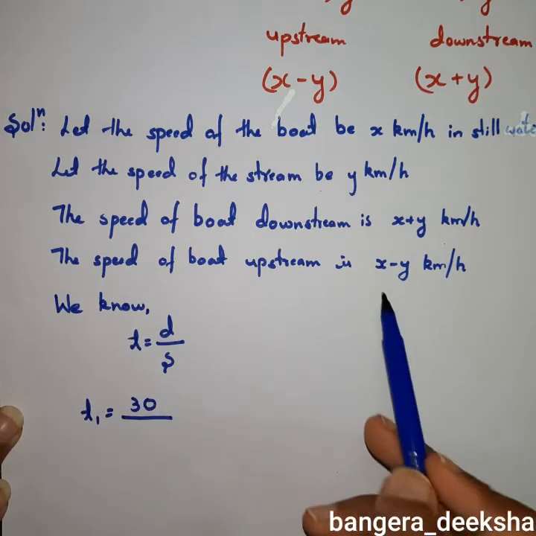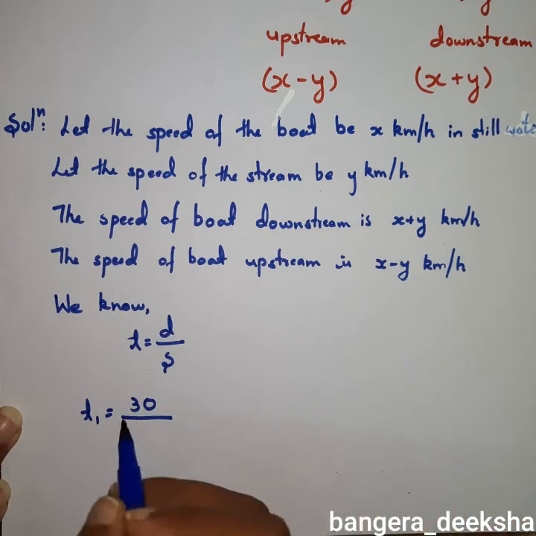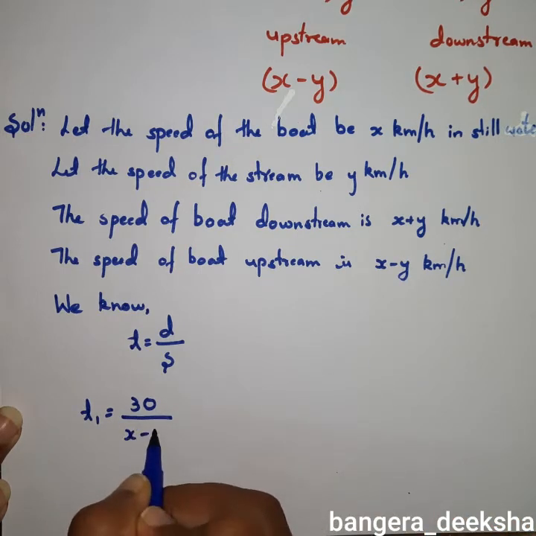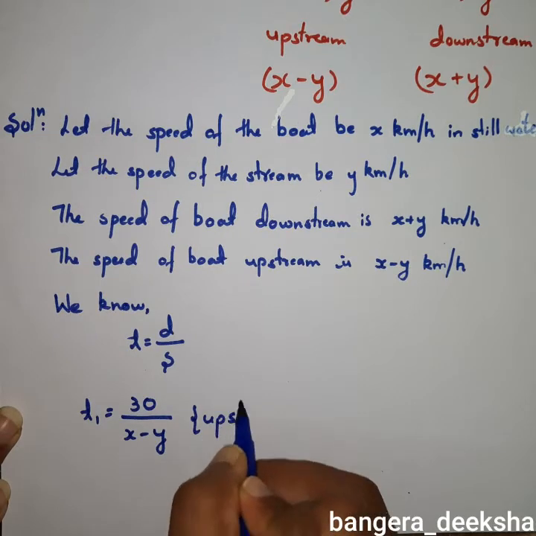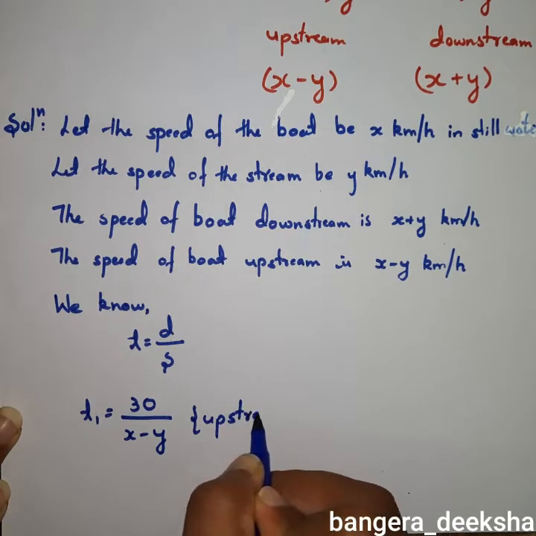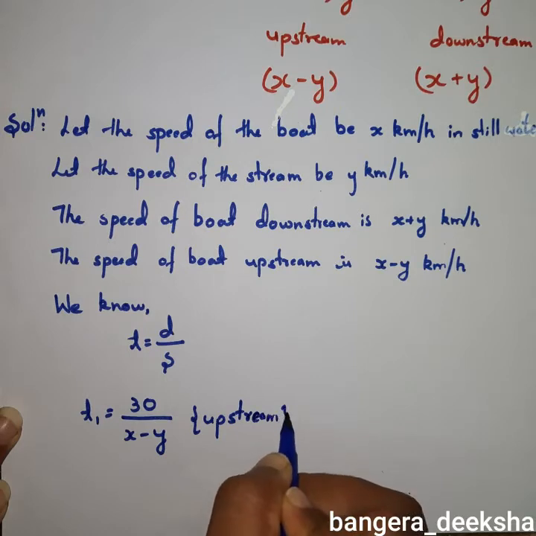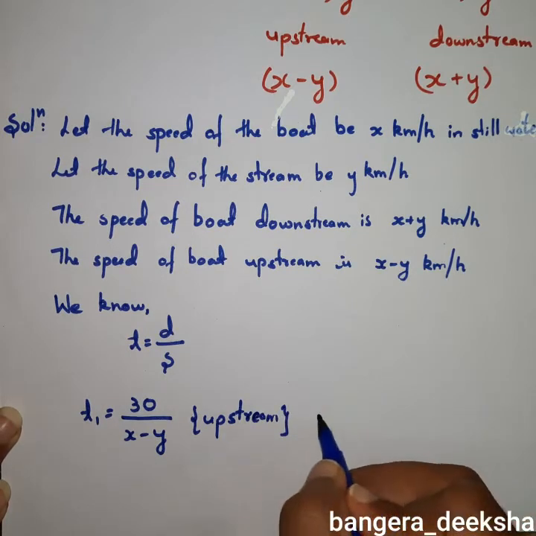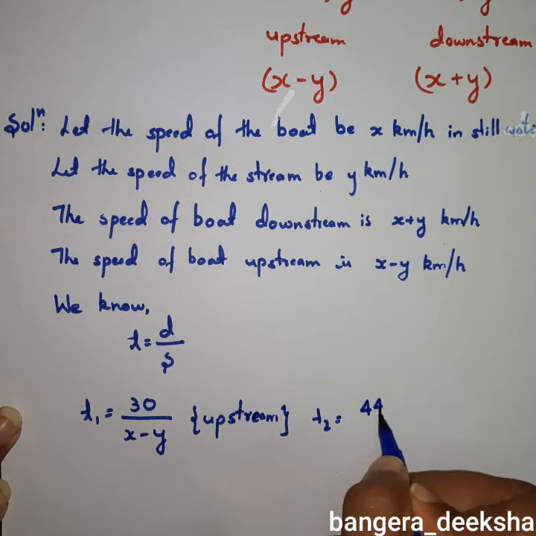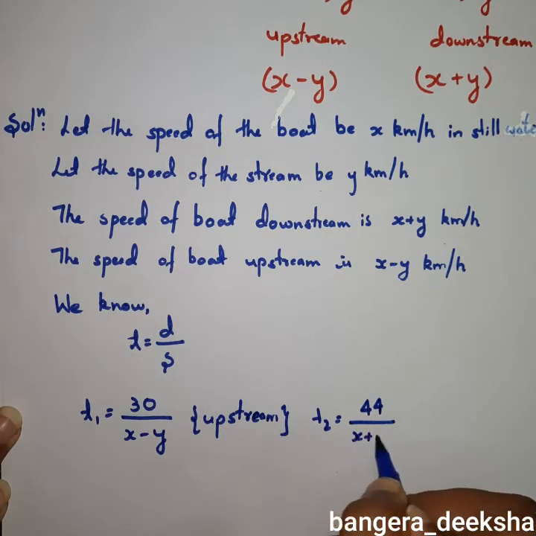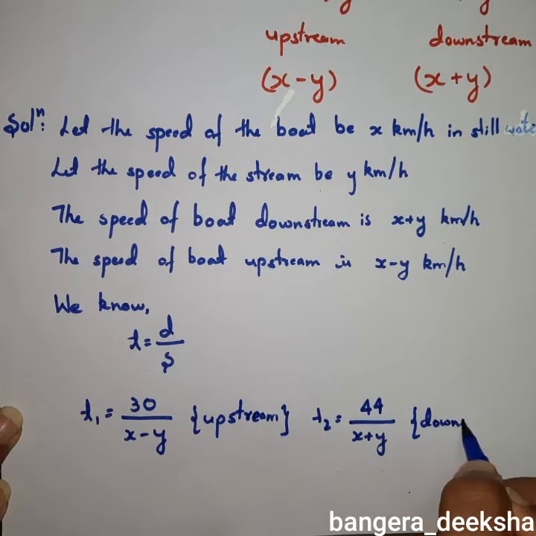The speed for upstream is x minus y, so we'll write 30 divided by x minus y. So this is our upstream. Whereas we have T2, that is 44 kilometers downstream. Downstream is x plus y. So this is our downstream.